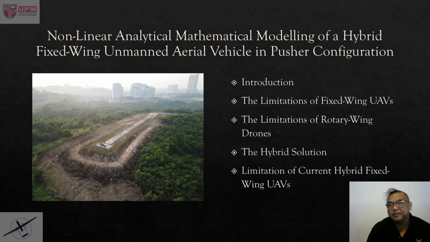If you use a fixed-wing UAV that is powered by battery, most likely you are still going to fly around 30 minutes maximum, and you are probably not going to be able to carry that much payload compared to fixed-wing UAVs that are currently flying using, for example, petrol engine or heavy fuel engine. So this is the limitation of fixed-wing UAVs basically.